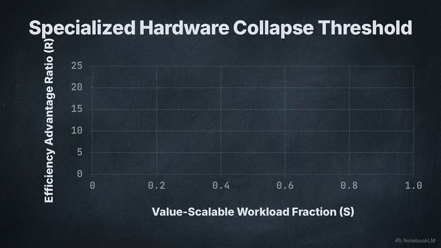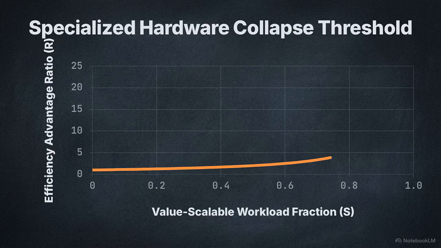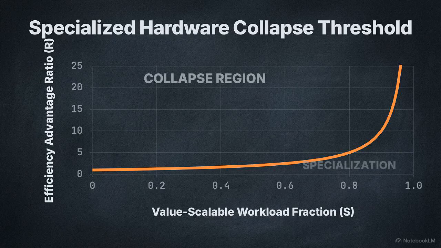This plot translates the resulting calculus into a physical race diagram for silicon architects. We chart the value-scalable workload on the horizontal axis against the accelerator's efficiency advantage on the vertical axis. This curve represents the absolute minimum efficiency an accelerator must achieve just to justify existing on the die. If the workload crosses into this upper territory, the math breaks down.